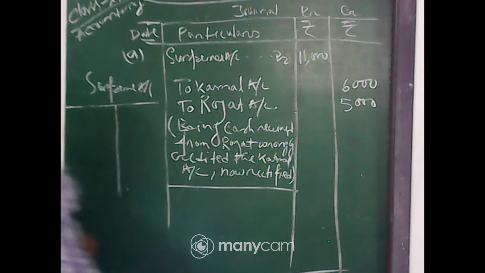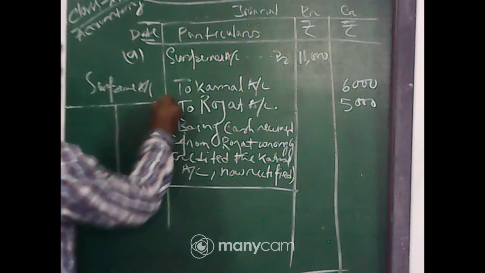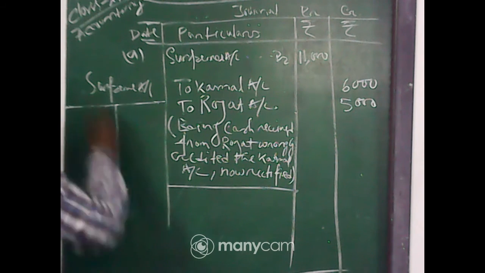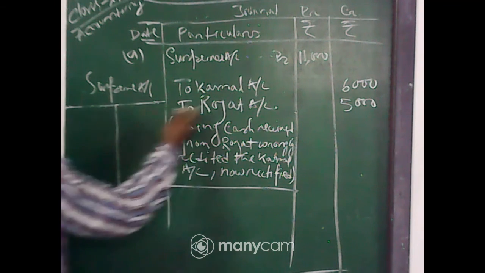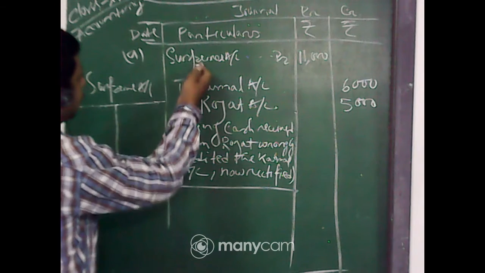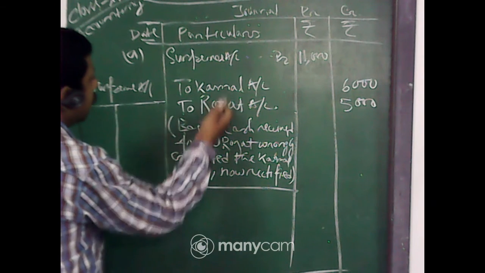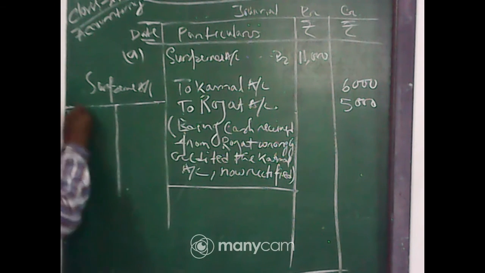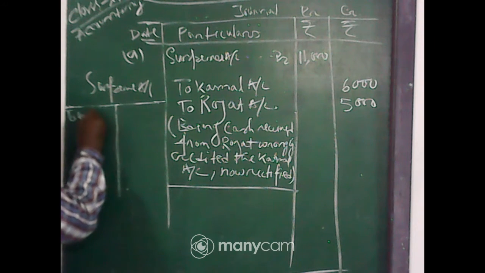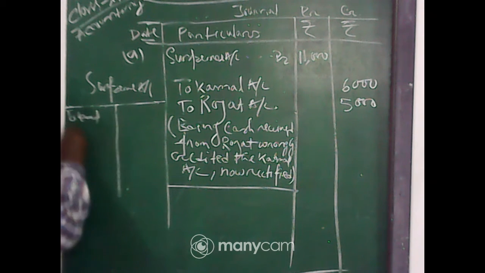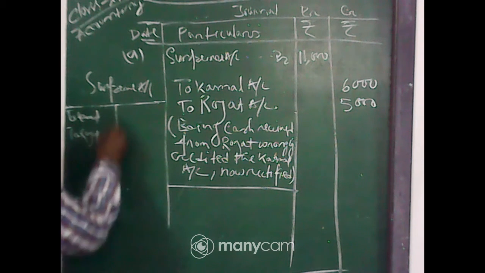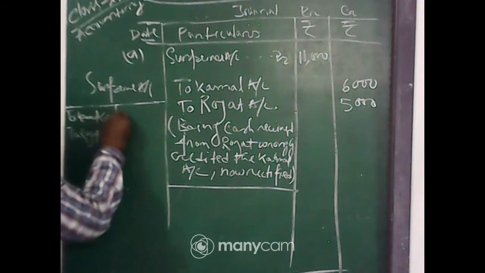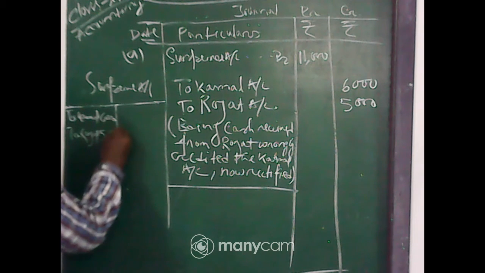In T form I am writing the ledger actually, but in your examination you should maintain the ledger format. Since suspense is debit, Kamal and Rajat will be posted on the debit side: to Kamal 6,000 and to Rajat 5,000.